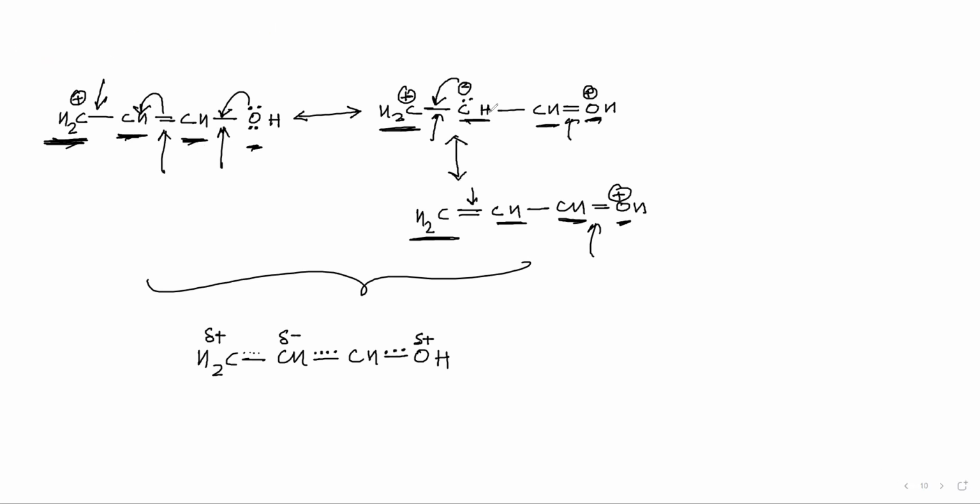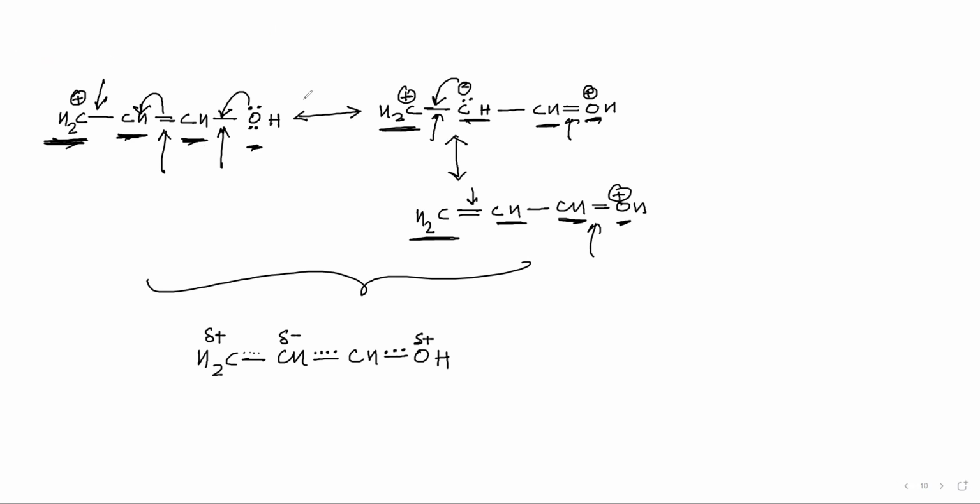Now, the next topic is stability of resonating structures. What do I mean by stability of resonating structures? As you can see, when we draw resonating structures, all structures are not equal. They look like different molecules, right, Jubana?